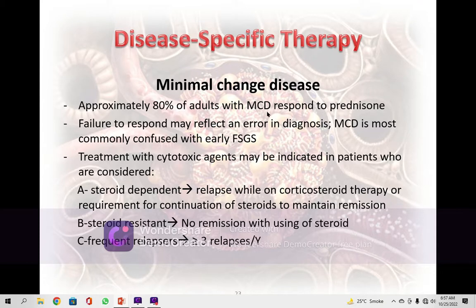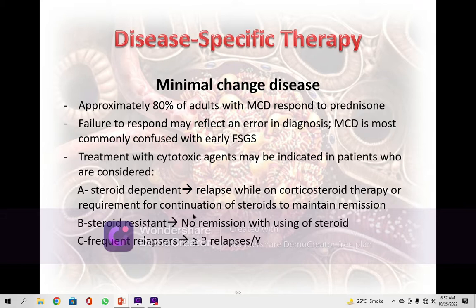In the disease-specific therapy, for minimal change disease, first of all you use the steroid. If it is steroid resistant, then you give a second trial of the steroids. For 3 relapses per year, or 2 relapses per year, for example, you have to give the high dose and then taper it off in 3 months.